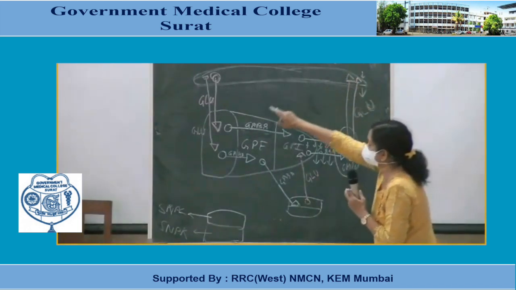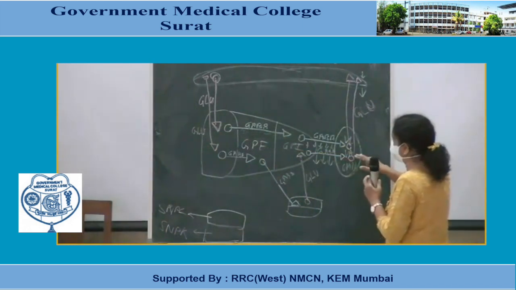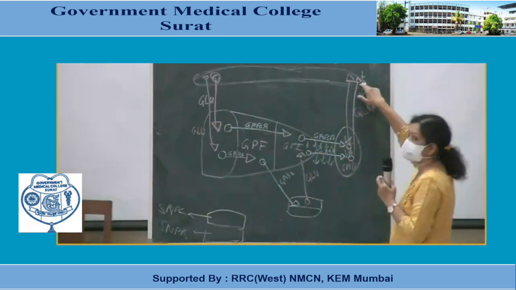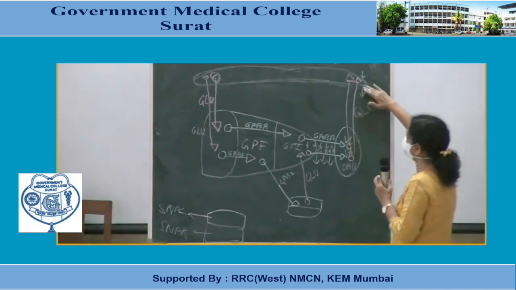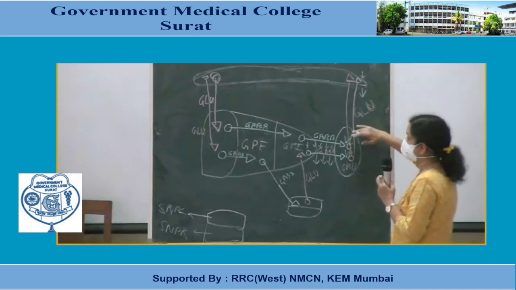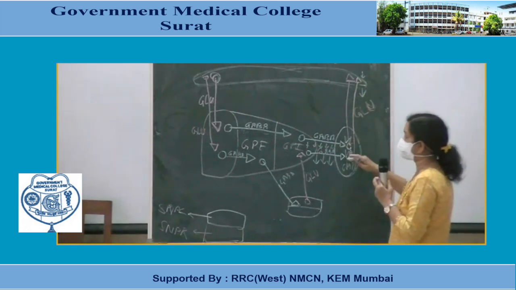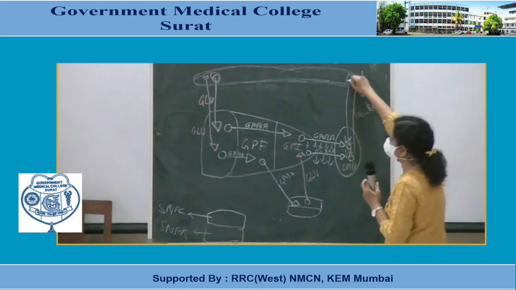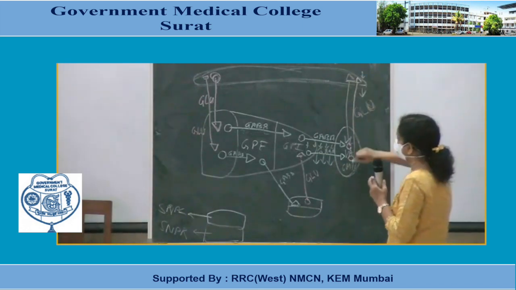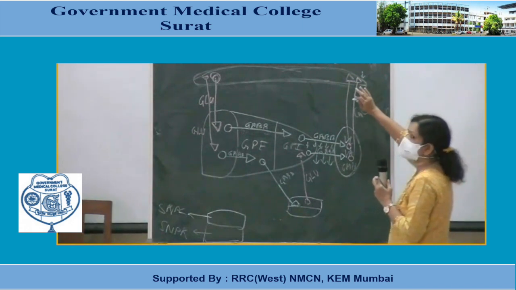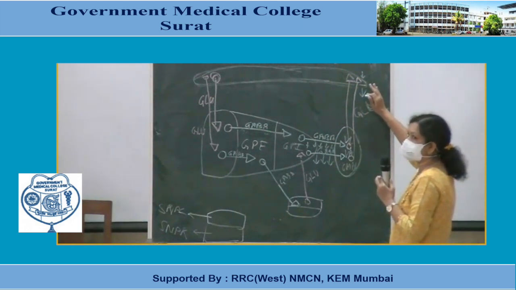So this circuit, the indirect pathway, acts as inhibitory to the cortex. The direct pathway is excitatory to the cortex, whereas the indirect pathway is not excitatory.